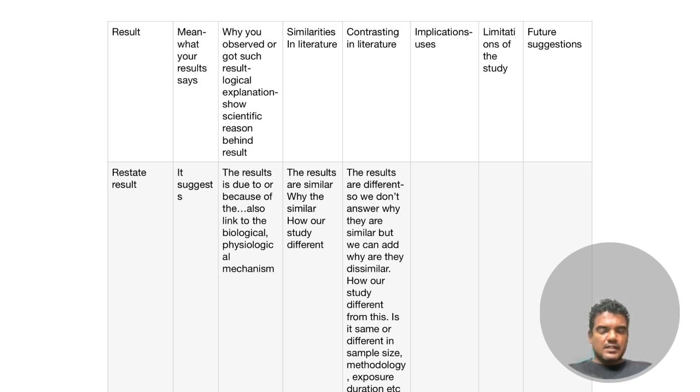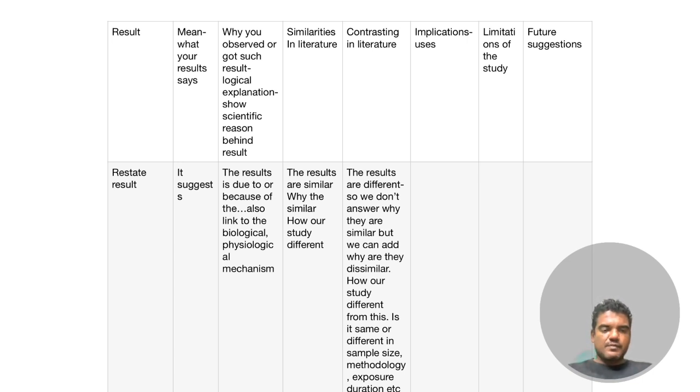Such a research question must be written in the first paragraph of the discussion, like this: the objective of this current study is investigating the anti-cancer property of a drug in cancer cell lines.